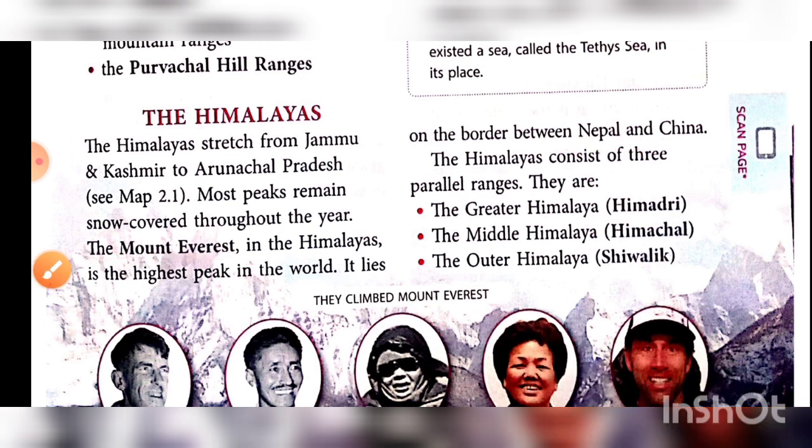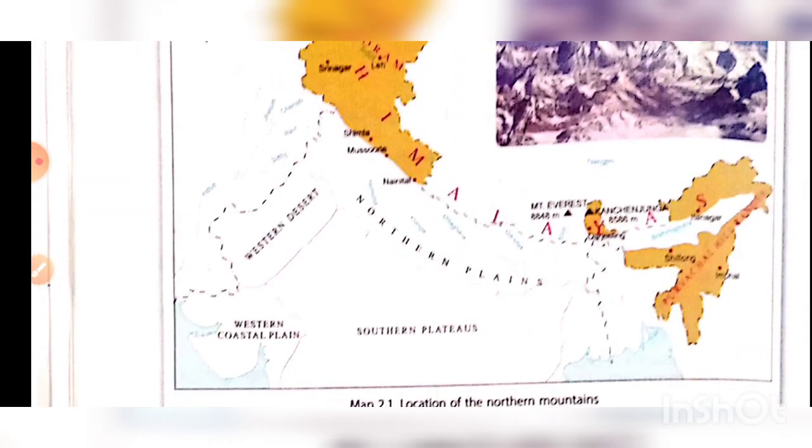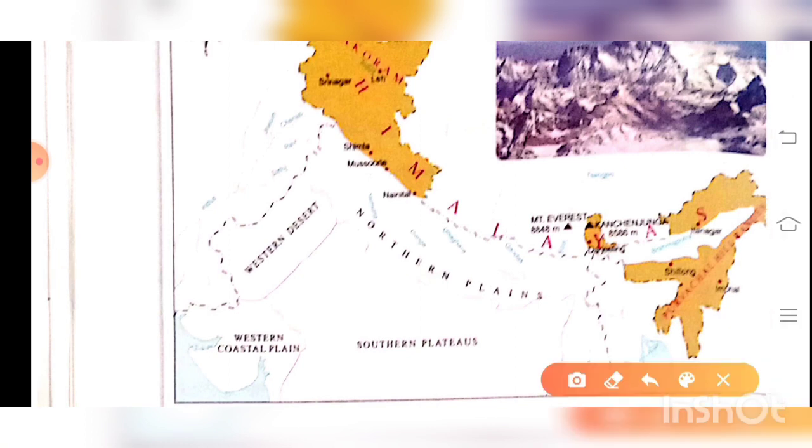So let us see in the map once again, students. The Mount Everest is located here, and in the map you can see China is here and Nepal is here. So between these two countries' border, the Mount Everest is located.